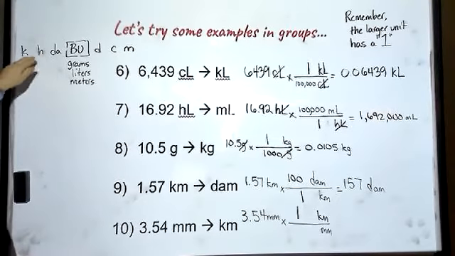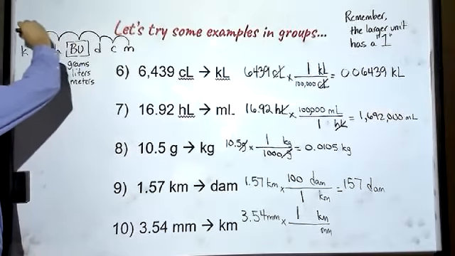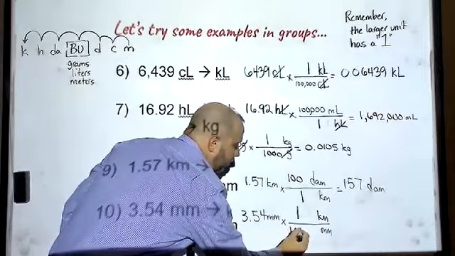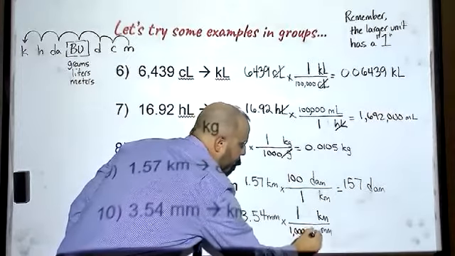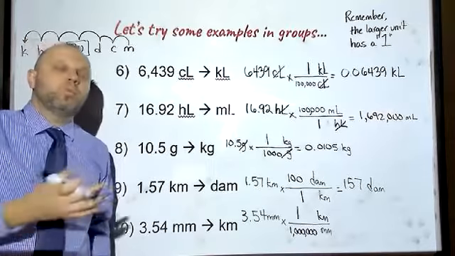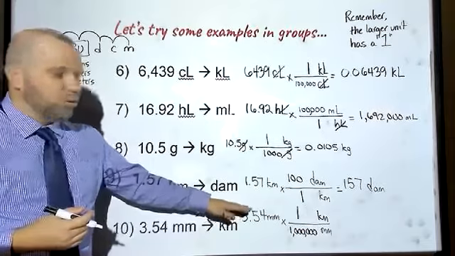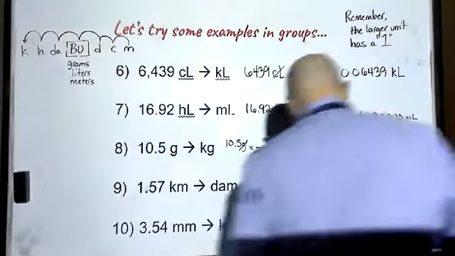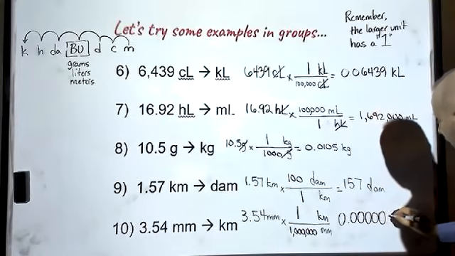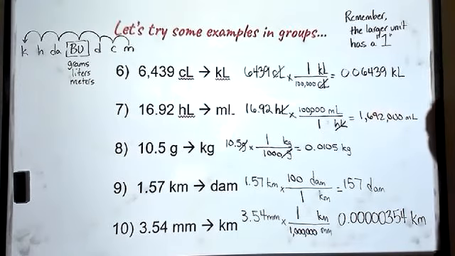Going from millimeters to kilometers, I move 1, 2, 3, 4, 5, 6 spots. So I need a 1 with 6 zeros. So there are 1 million millimeters in 1 kilometer. Next, I have 3.54. We're going to divide by 1 million. So I wind up with an answer of 0.00000354 kilometers.